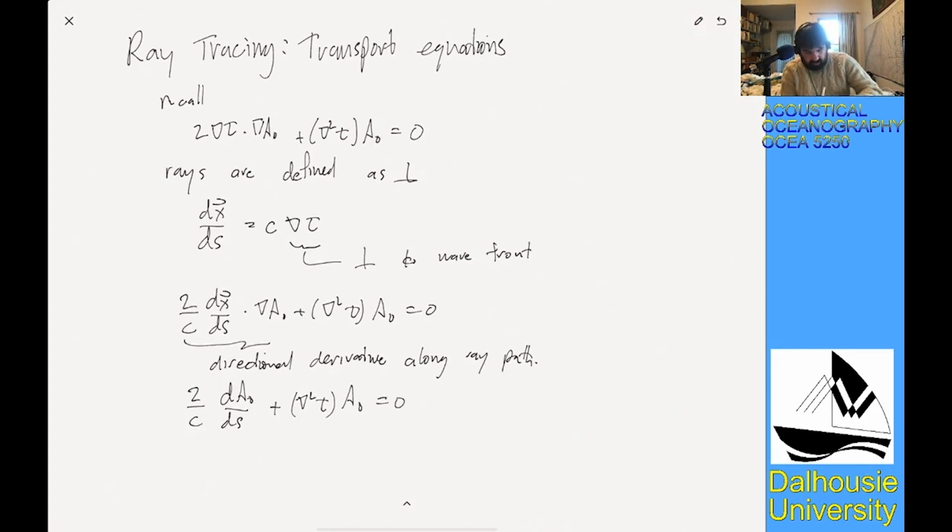And let's note that del squared tau is equal to del dot gradient of tau, which is equal to del dot dx/ds. Okay, what is this? It's the divergence of the rays, right?